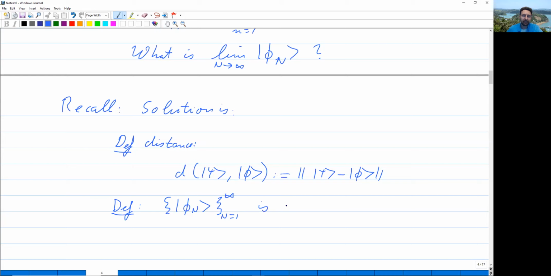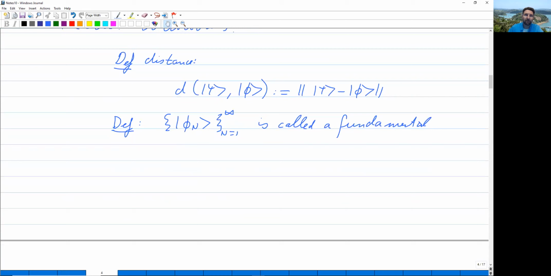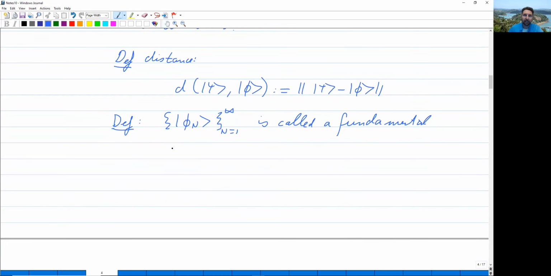It is said to be Cauchy convergent, or is called a fundamental sequence, if it has the property that we think of as convergence.